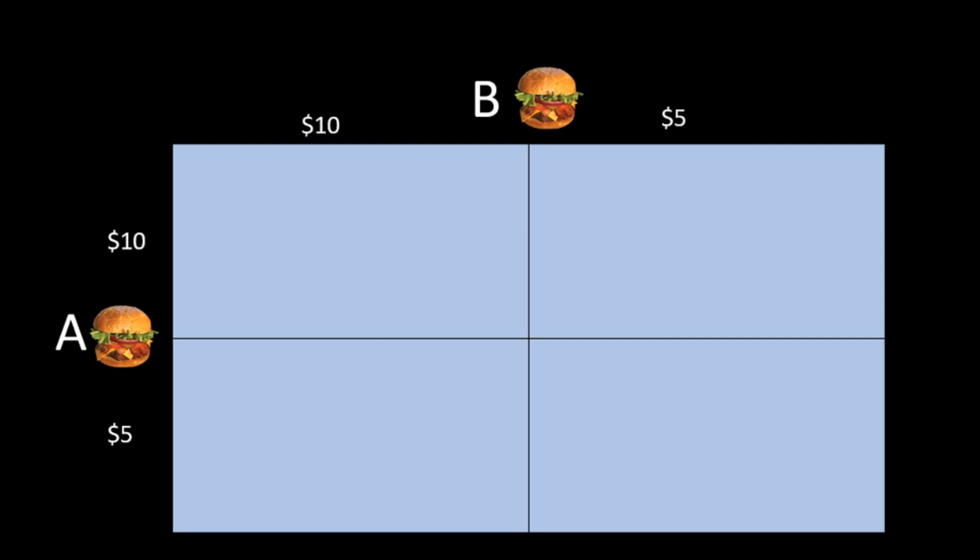So let me add some numbers to each of these boxes in the table. These numbers would indicate the economic profits which each firm would enjoy at different levels of pricing. So let me start from here. Suppose firm A and firm B both price their meal at $10.